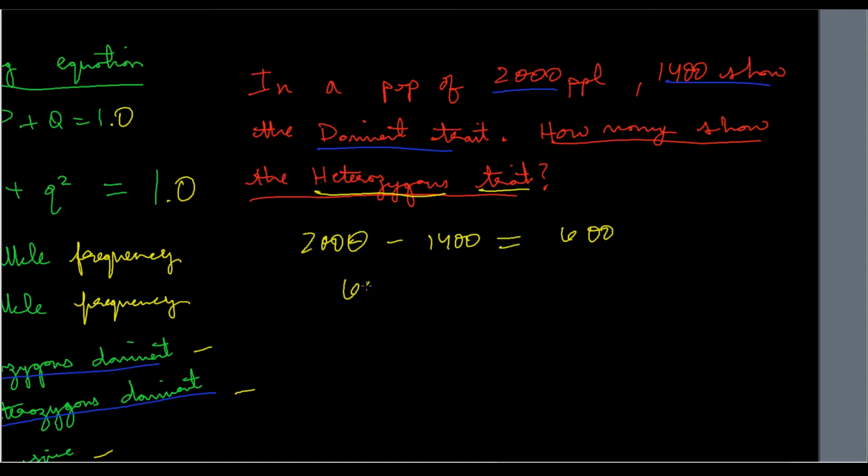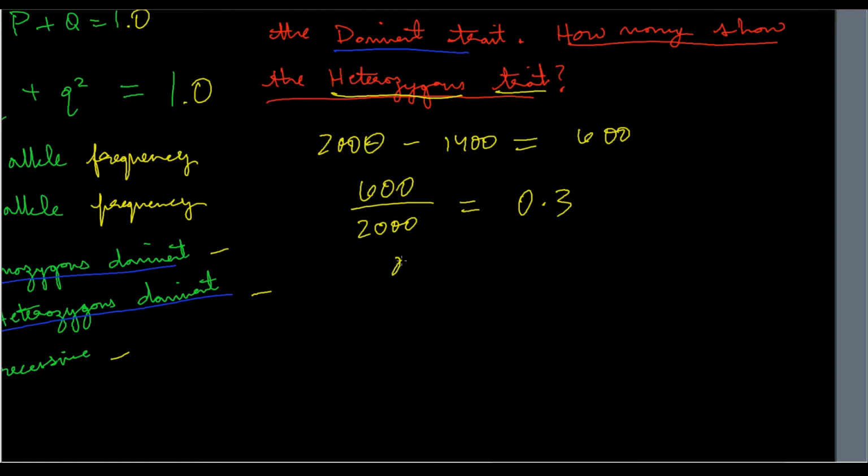And so 600 over the entire population, which is 2,000, is equal to, let me take out my handy dandy calculator, 600 divided by 2,000, which is 0.3. So now q squared is equal to 0.3.